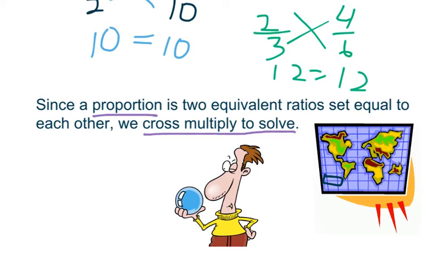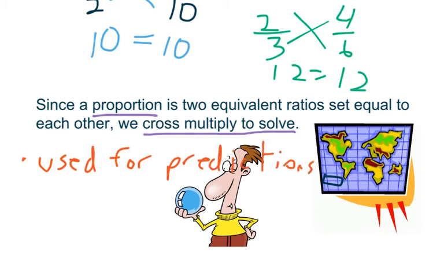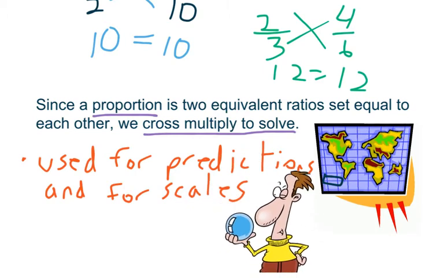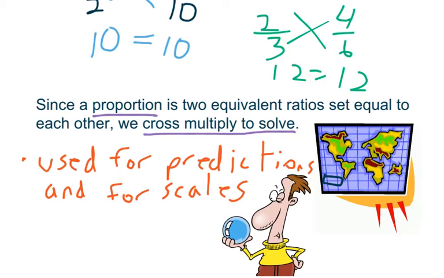So proportions are used for predictions, and for scales, like our map. They're also used for similar figures, but we'll get into that later.